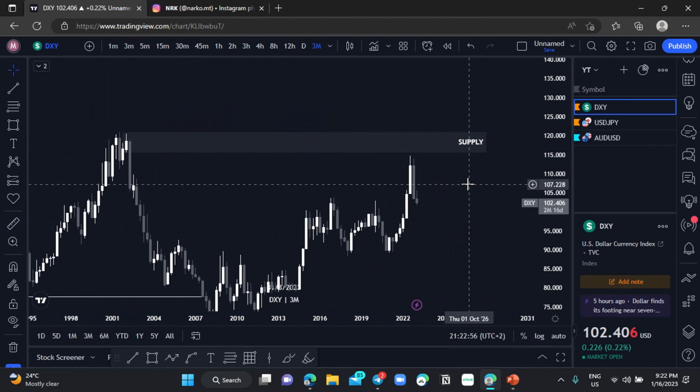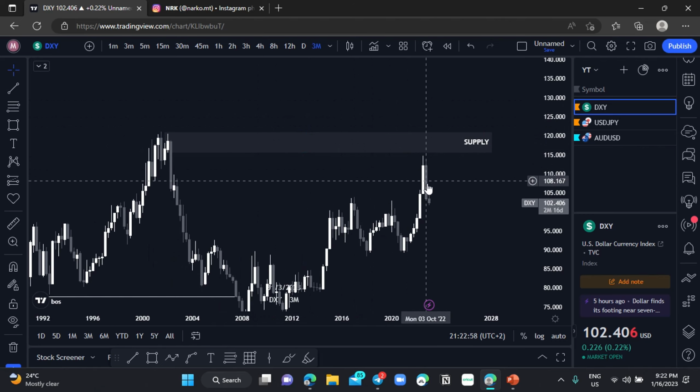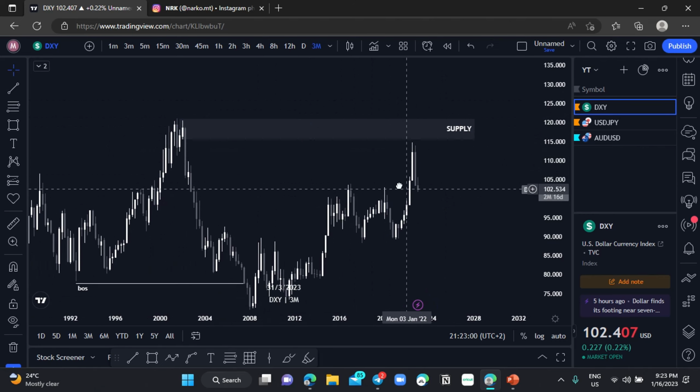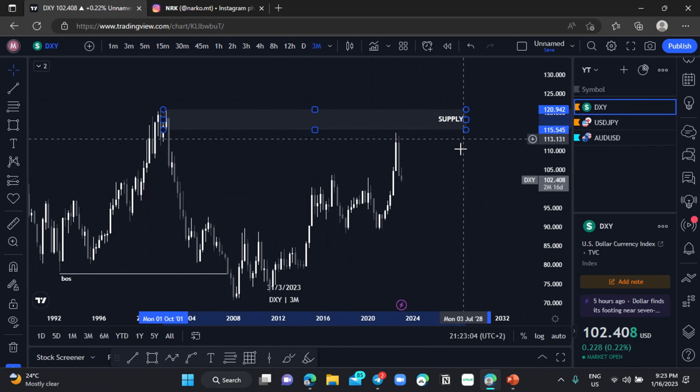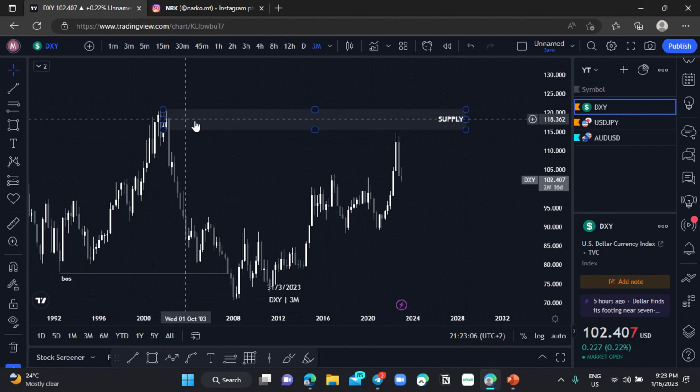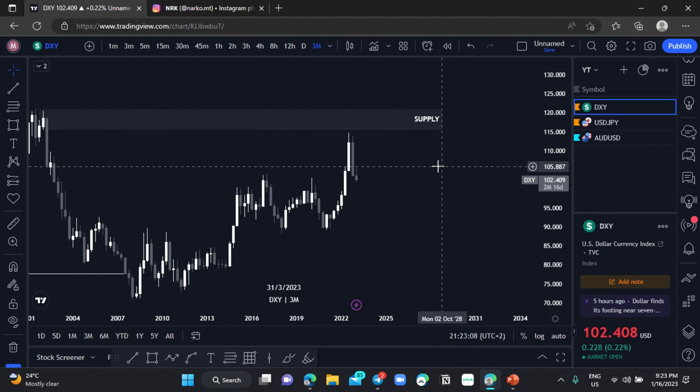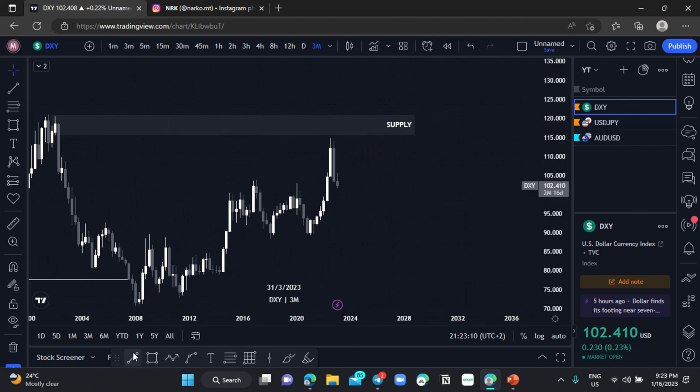Now on the 6 months time frame price stepped into this supply area, but on the 3 months time frame you can see we have this supply area that is refined. This can act as a liquidity inducement trap.